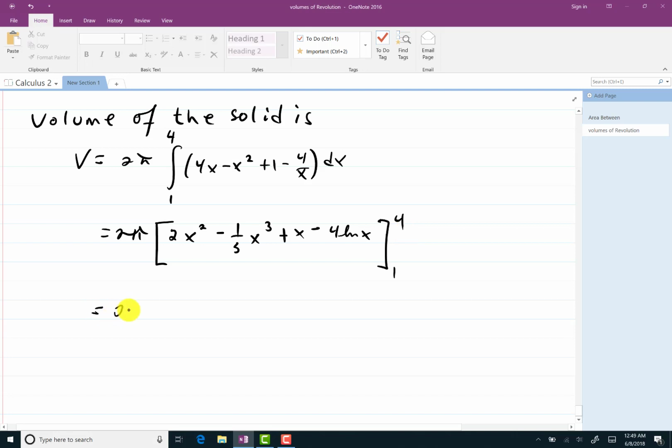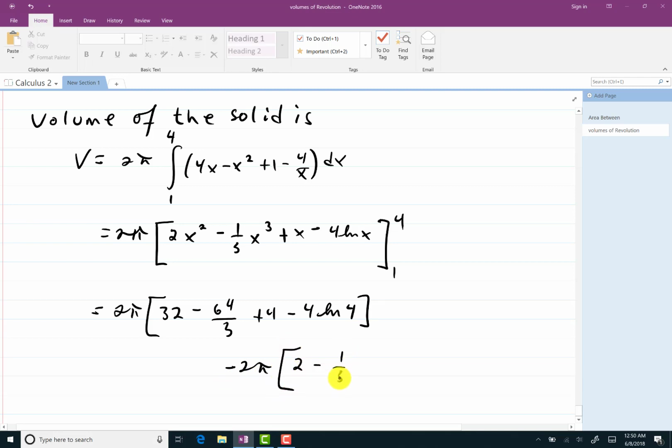That equals 2 pi. Let me go ahead and throw in 4. Let's see, if I throw 4 in here, I'm going to get 2 times 16. So I'll get a 32 for that spot. Then I'll get negative 64 over 3 plus 4 minus 4 ln 4, minus 2 pi times, plugging in 1 now, I'll get 2 minus 1/3 plus 1.